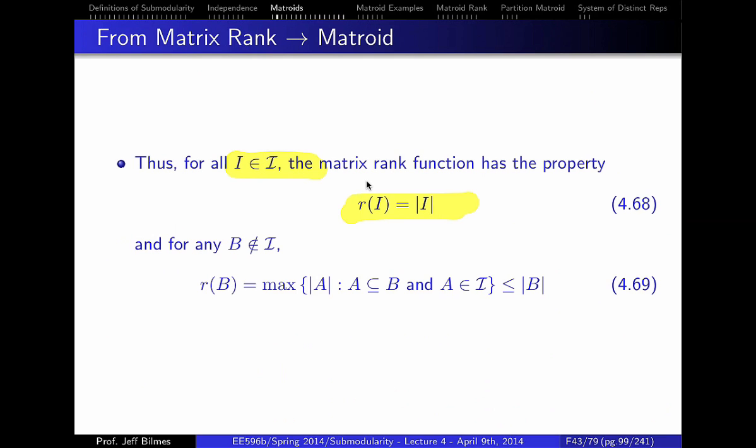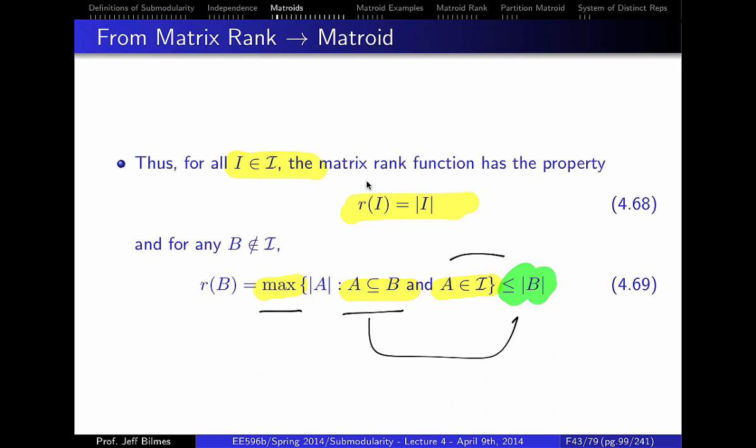But if we take any general set, any B that's not in I, then the rank function is defined as basically the maximally independent subset. So it's the maximal independent subset, which is necessarily no greater than B. Necessarily because, well, first of all, it's a subset, it's maximal by this, and it's independent. So the rank function is the maximal independent subset of a set of indices.